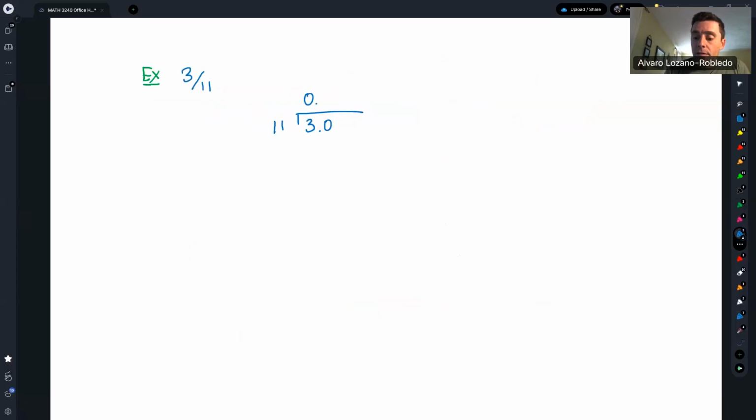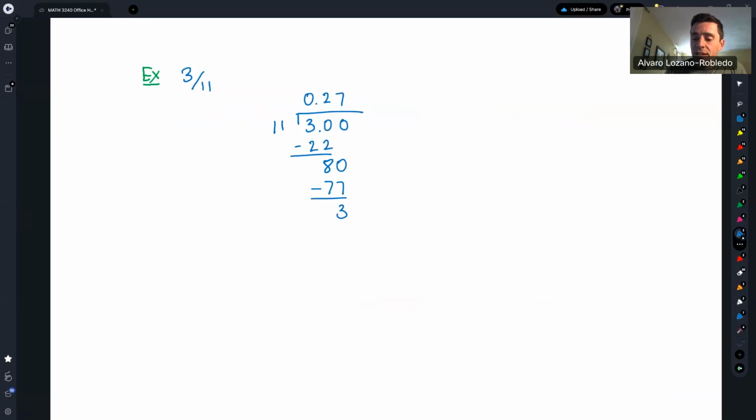Then 2 times 11 is 22, and 30 minus 22 is 8. Then 8 is less than 11, so bring another 0 here, and this is going to be 11 times 7, that's 77, and 80 minus 77 is 3.